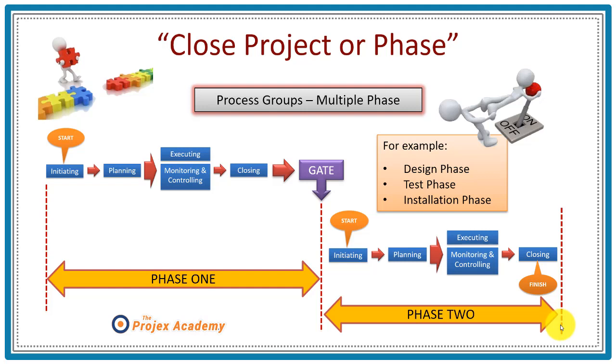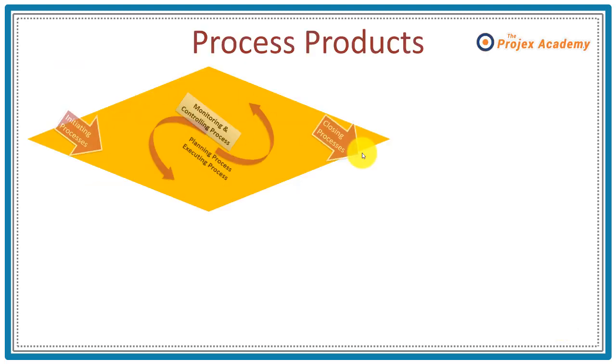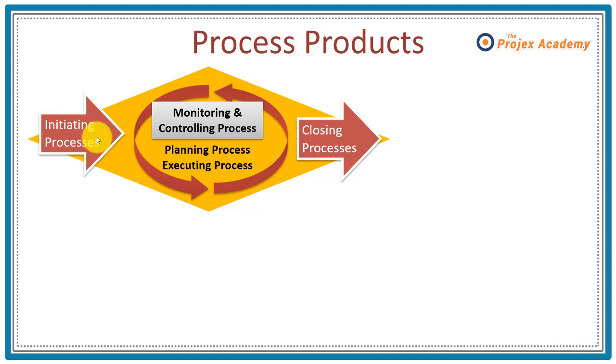And what I'm leading into here is something which the PMBOK Guide, and therefore the PMP exam, doesn't go into too much detail on. So let me elaborate. Looking now at process products, here's the diagram which you will be familiar with. The initiating processes within the initiating process group, and over here the closing processes within the closing process group.